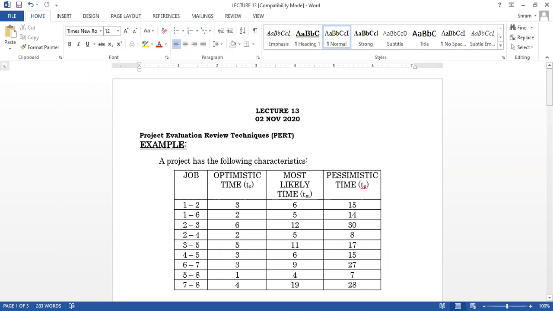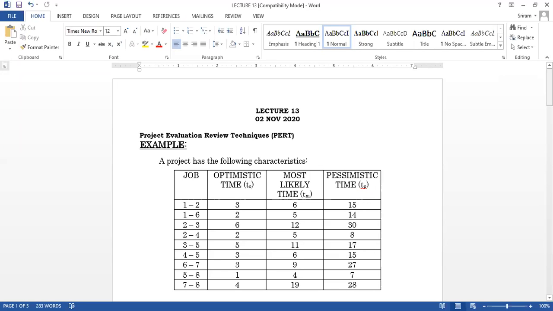The list of activities is given. The corresponding optimistic time T0 is given, the most likely time Tm is given, and the pessimistic time Tp is given.